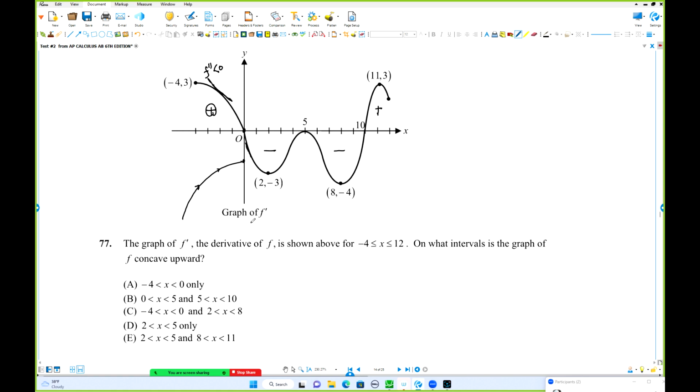Slope is negative means the second derivative is negative. Still negative, right? This is negative, this is also negative. Okay? So, concave down, decreasing, right? Primary decreasing, isn't it? Concave down, decreasing, up to here.